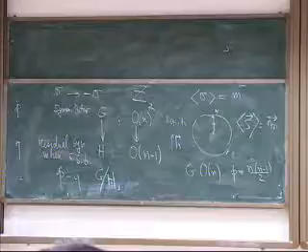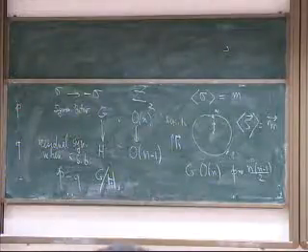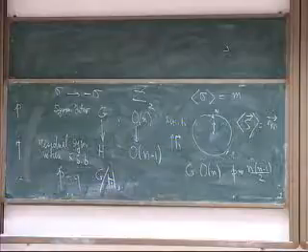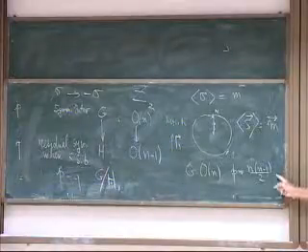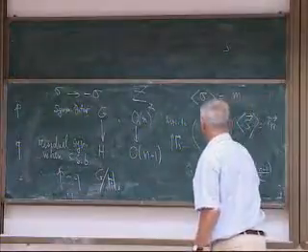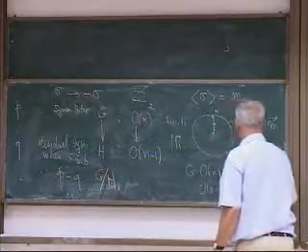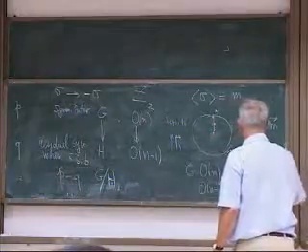Anti-symmetric matrices have zero on the diagonal, and you have to choose n-1 plus n-2 plus n-3 entries, and the others are opposite. So this is the number of parameters of the O(n) group. O(n-1) has, of course, (n-1)(n-2)/2.